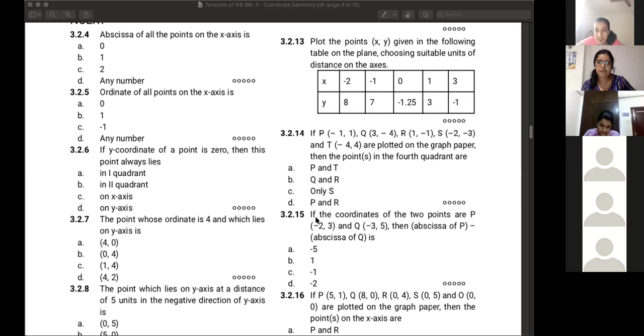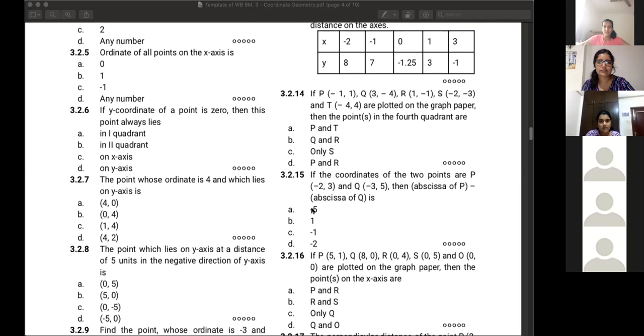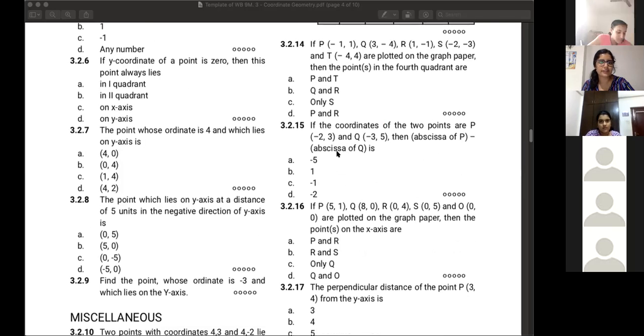So Samriddhi had answered this, right? Suhani, the coordinates of 2 points are P and Q. Then abscissa of P minus abscissa of Q will be 1. If you take it in brackets, -2 minus bracket, it's correct.